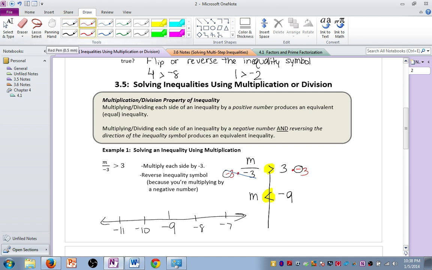And because it's not an equal to inequality, remember it's an open circle, and m is less than -9. So m can be any number to the left of -9.